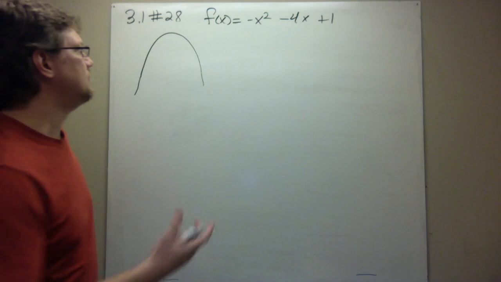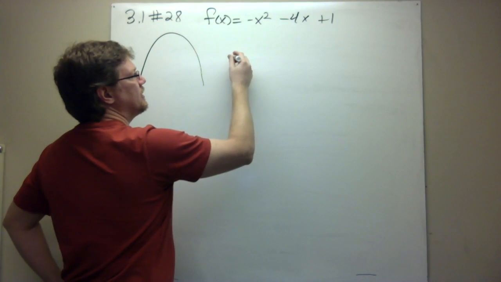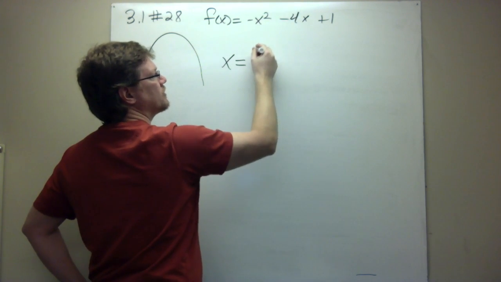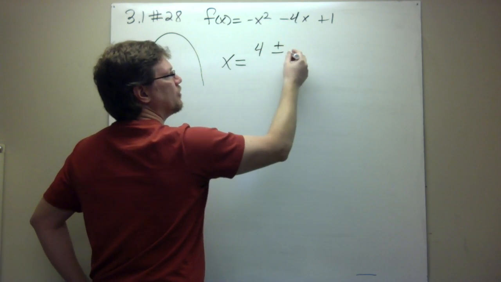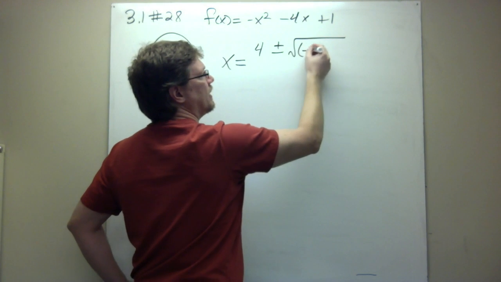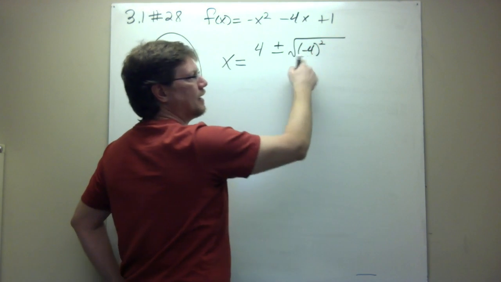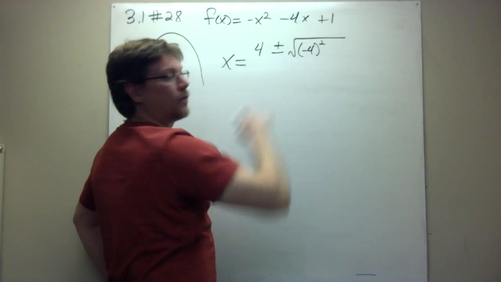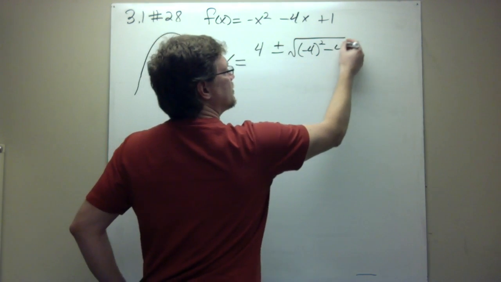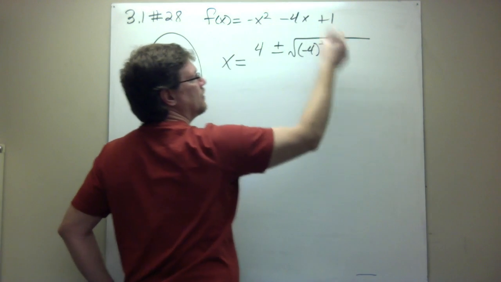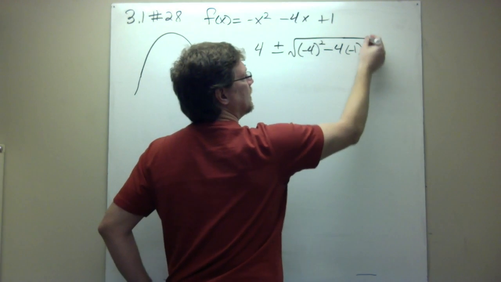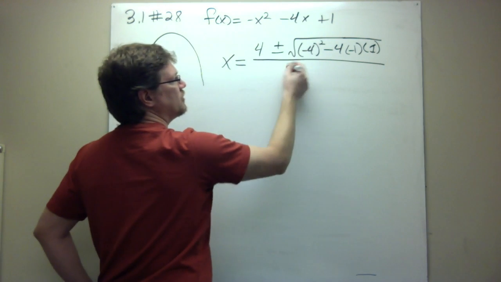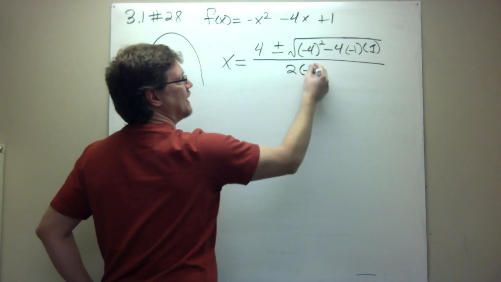All right. So the quadratic equation says x is equal to negative of our negative 4, so it's a positive 4, plus or minus the square root of quantity negative 4 squared. And yes, I do want parentheses around this because that's going to indicate that that negative is going to go away. Minus 4 times a, which is a negative 1, times c, which is a 1, all over 2 times my a, which is again a negative 1.